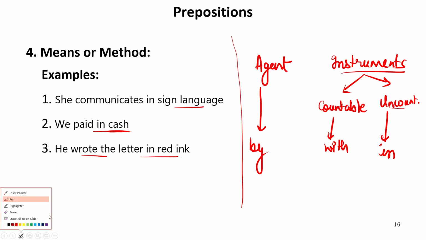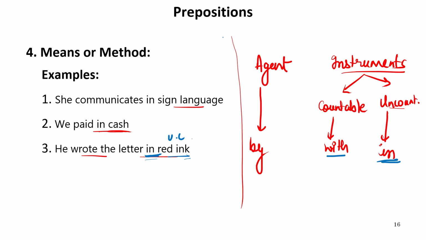Suppose I change the color, this is blue ink. Ink is generally uncountable, so because that is uncountable, we use in. For example, he wrote the letter in red ink. Red ink is an uncountable instrument, therefore we have used in. To show uncountable instruments, we basically use in.